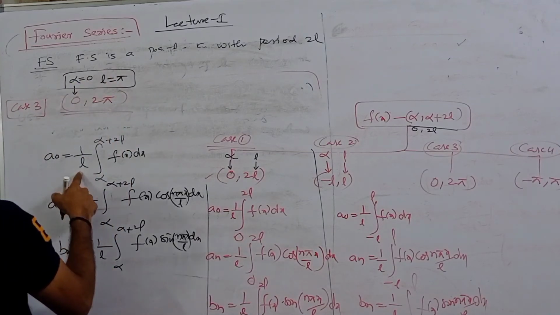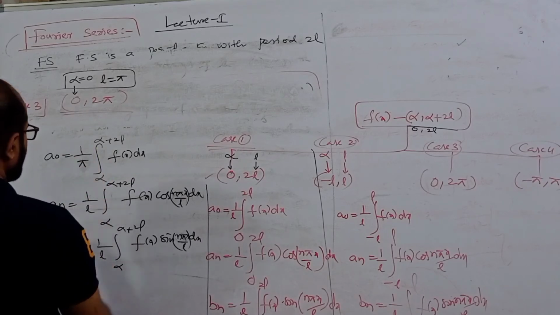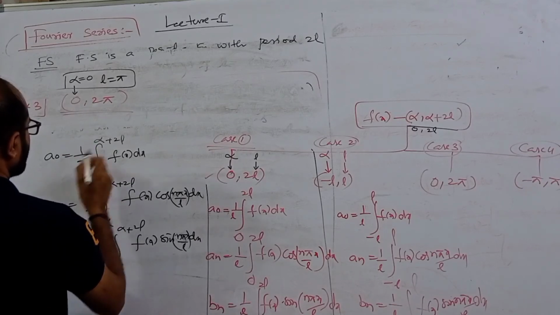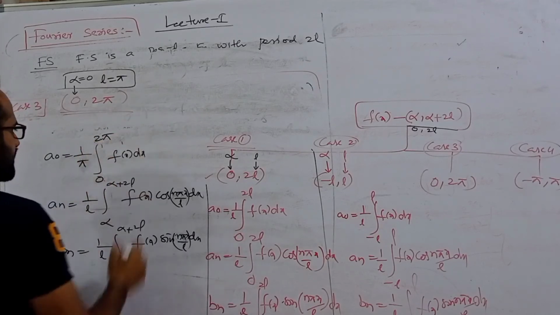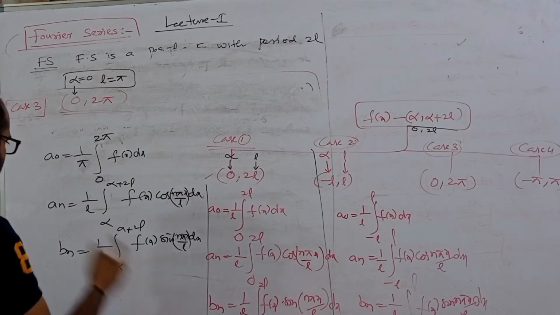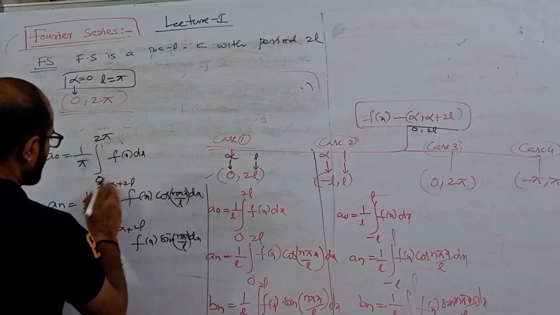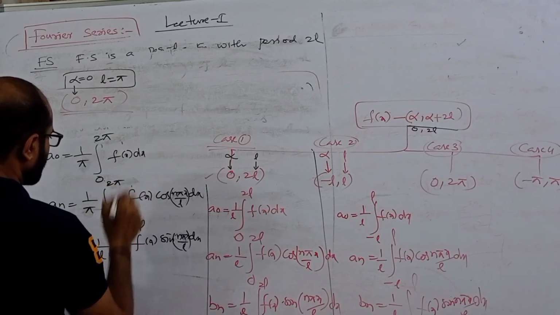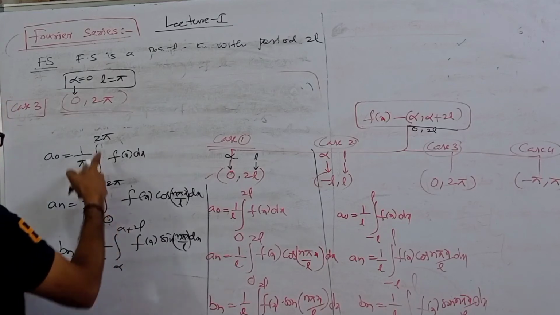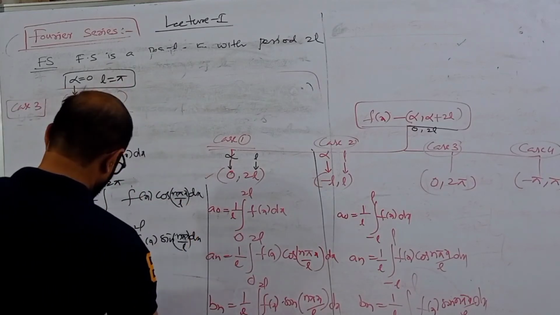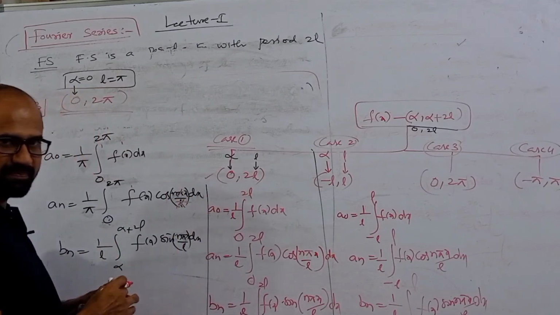So now substitute L value as pi. Therefore a0 is 1 by pi, 0 to 2 pi, f of x dx, right? an is 1 by L, 1 by pi into 0 to 2 pi f of x into cos n pi x by L dx. But L value is pi, so I can write pi, but pi cancels, right?